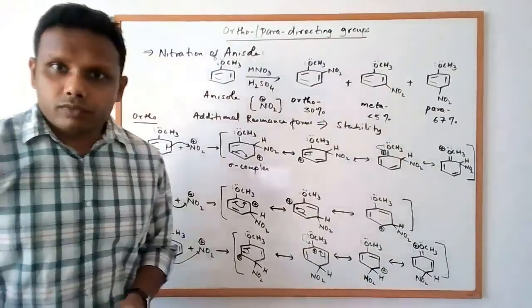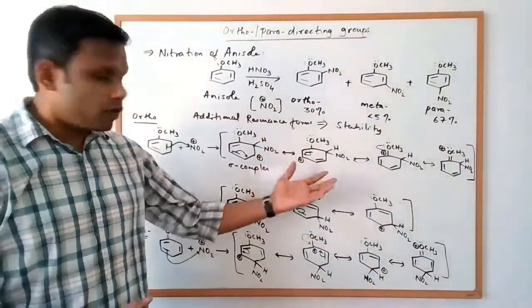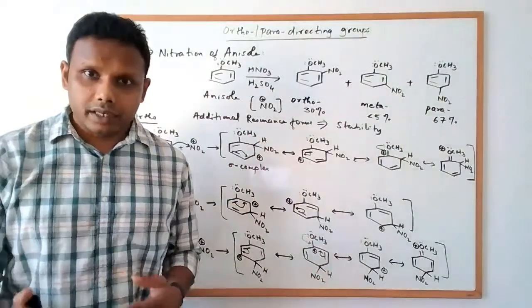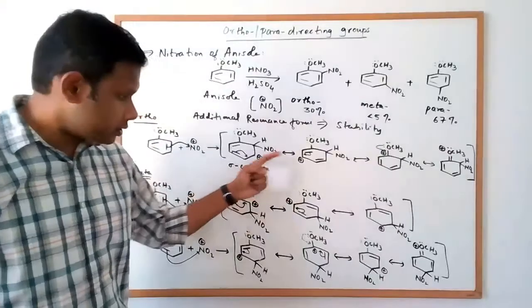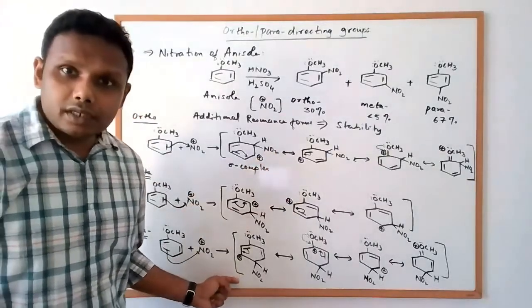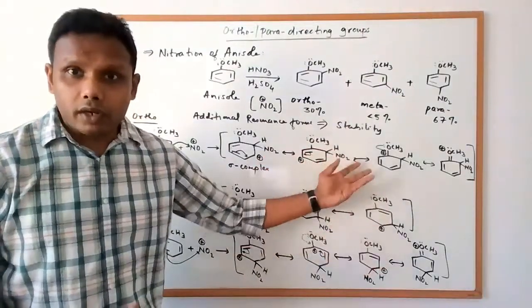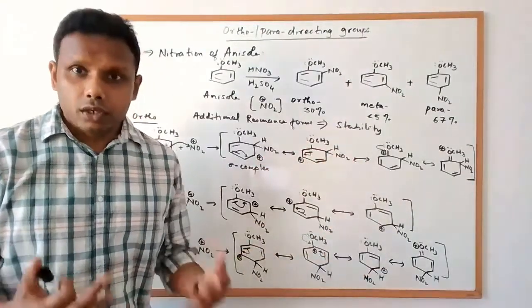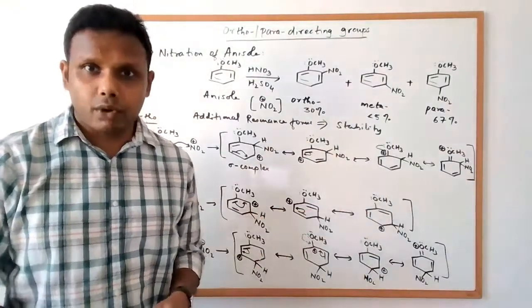And so basically what we see in these resonance forms for the formation of the sigma complex is that the sigma complex that leads to the ortho product and the sigma complex that leads to the formation of the para product, they have one additional resonance form compared to the sigma complex that leads to the meta product.